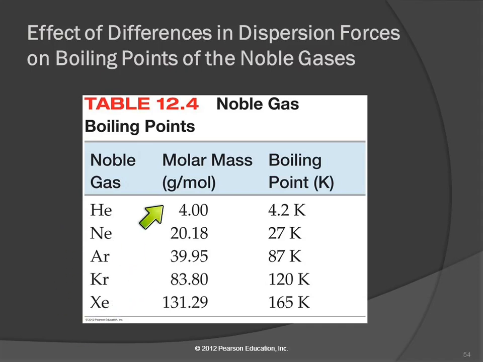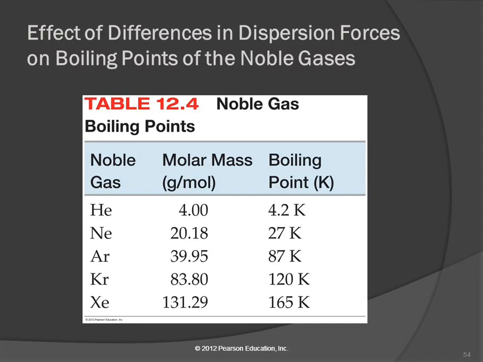And if we look here at their molar masses, we see, as expected, we're going down the periodic table, the molar mass is increasing quite significantly. Xenon has a molar mass of 131. Here's helium with a molar mass of 4. Okay, helium's tiny. Xenon's pretty big. And then we can look at their boiling points. The boiling point is a measure of the strength of the intermolecular forces.